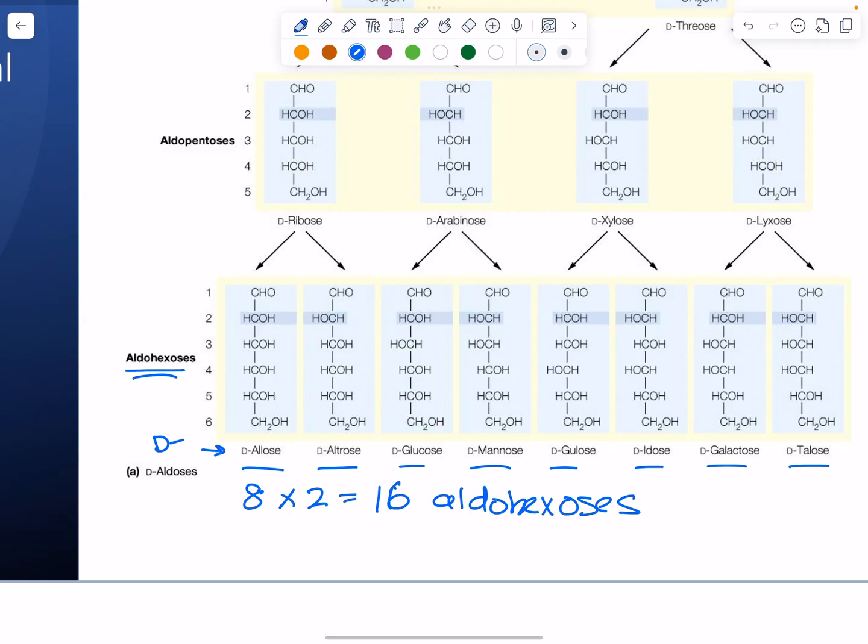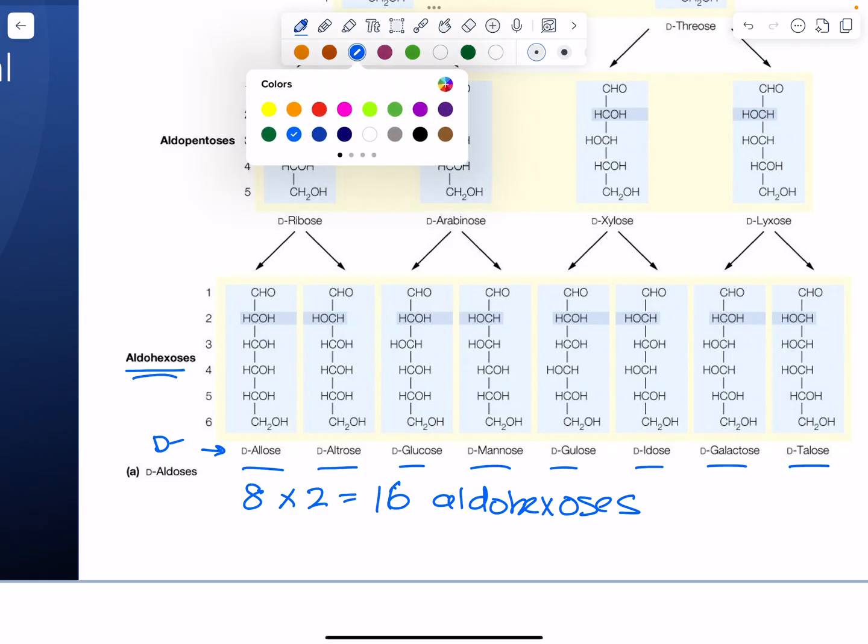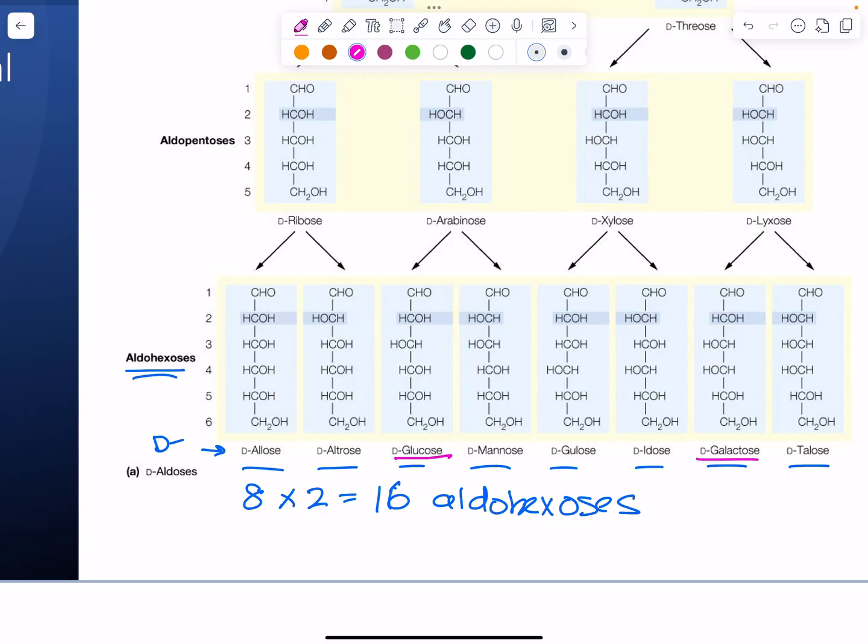So this is a good time to get back to our terminology of the epimer. Okay, so glucose and galactose, let's consider these. If we look at the stereochemistry, we've got carbon 1, carbon 2, carbon 3, carbon 4, carbon 5, and carbon 6.